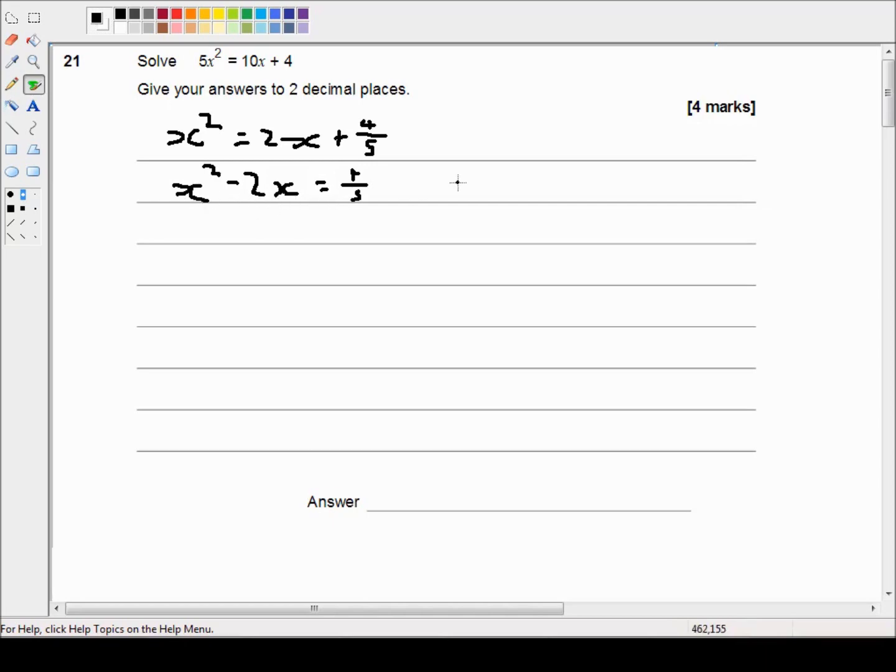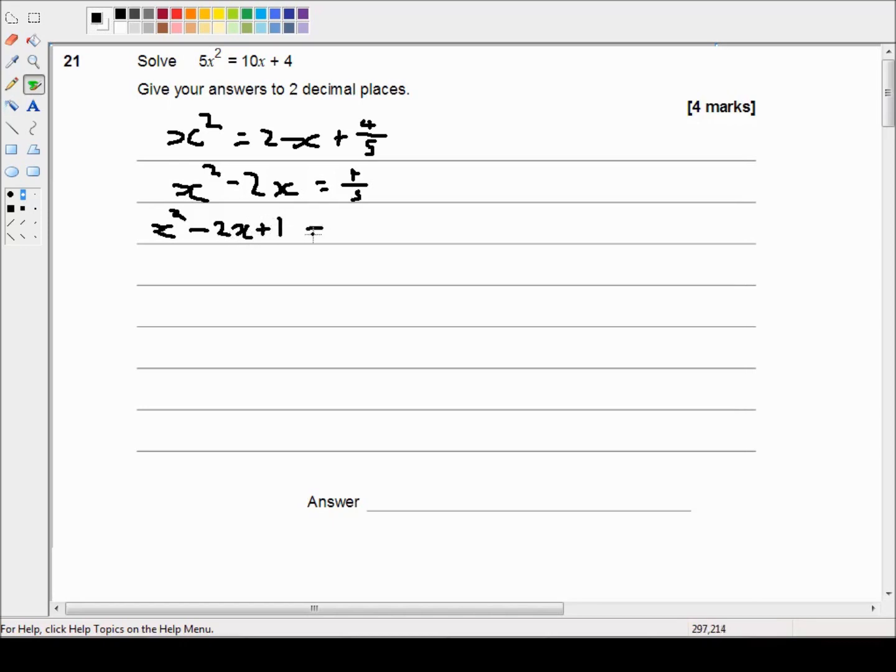Now, if you remember that a plus b squared is equal to a squared plus b squared plus 2ab, that 2ab bit means the way to check for a perfect square is to halve the coefficient of the x term, and then square it. So if we halve negative 2, we're going to get negative 1. And then if we square the negative 1, we're going to get positive 1. So x squared minus 2x plus 1 is a perfect square.